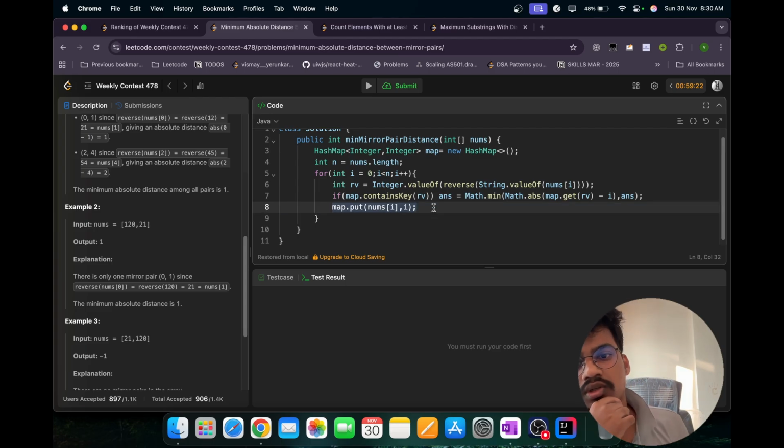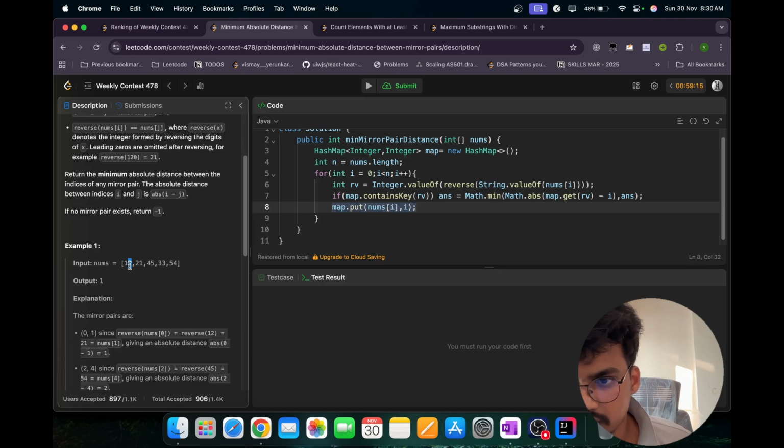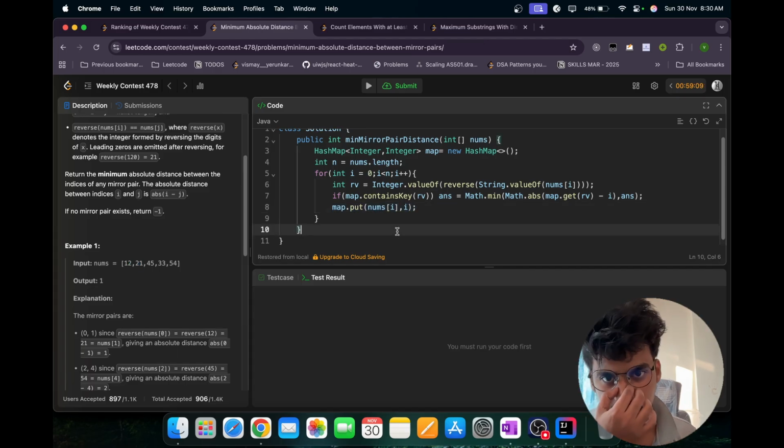I put the current number. I just calculated the reverse which was present. Okay, for this I calculated the reverse again. It was present over here. Then I added the current number. So yeah, this makes sense.